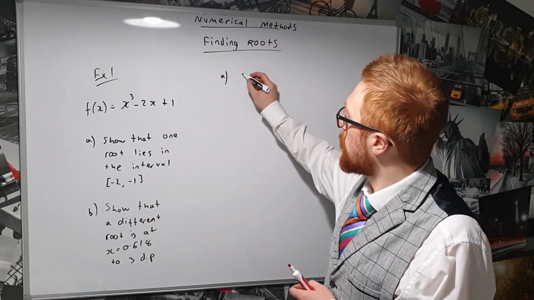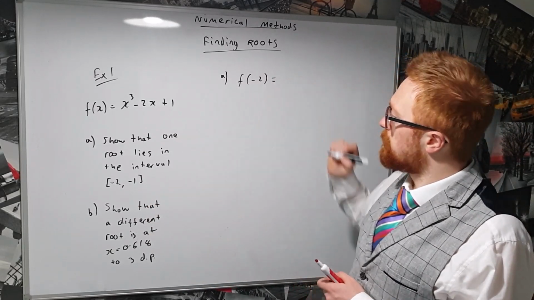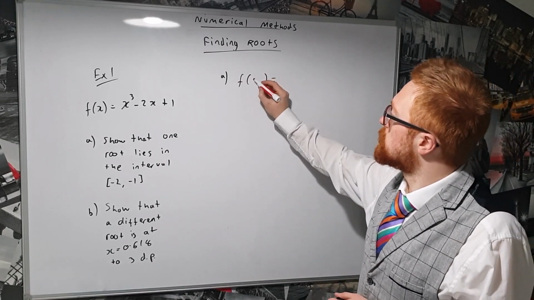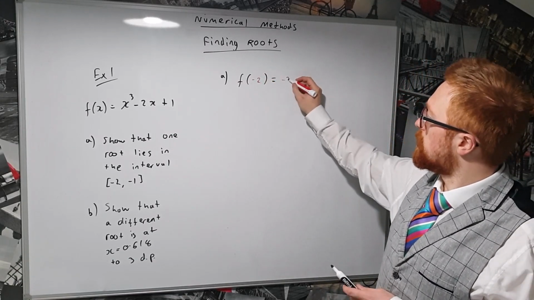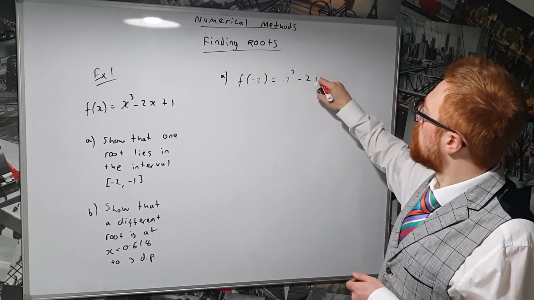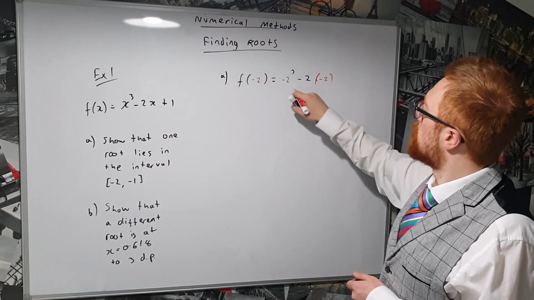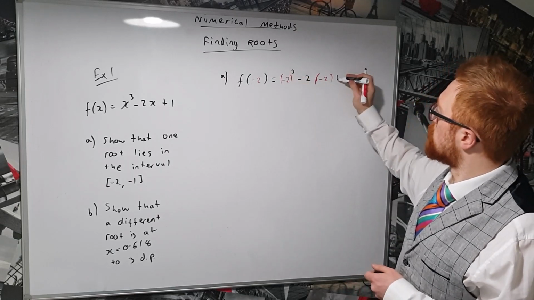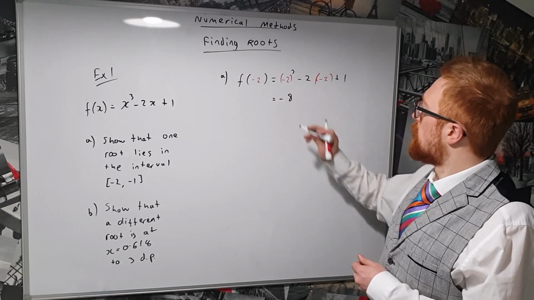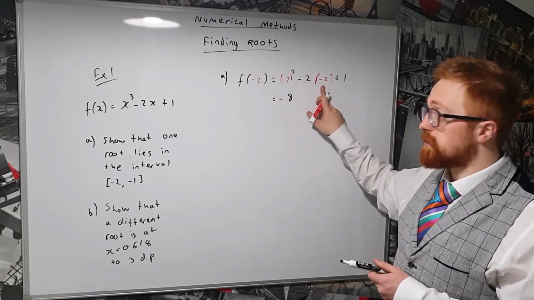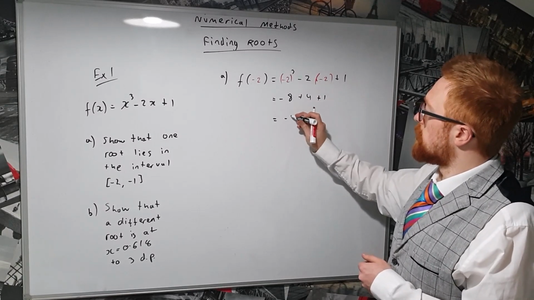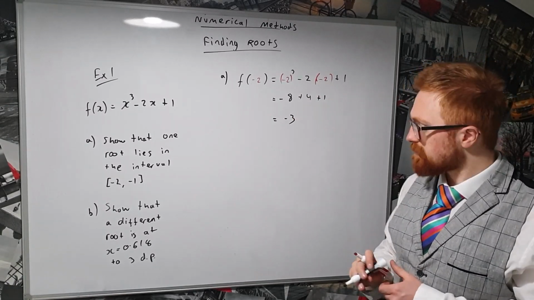So first we're going to work out f of minus 2. That is equal to minus 2 cubed minus 2 lots of minus 2 plus 1. Well, minus 2 cubed is minus 8. Minus 2 times minus 2 is positive 4. Plus 1 is minus 3.